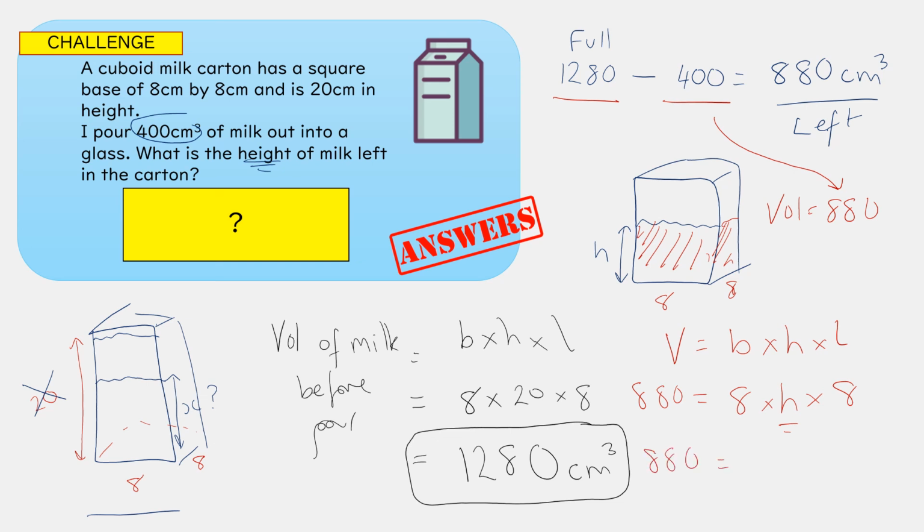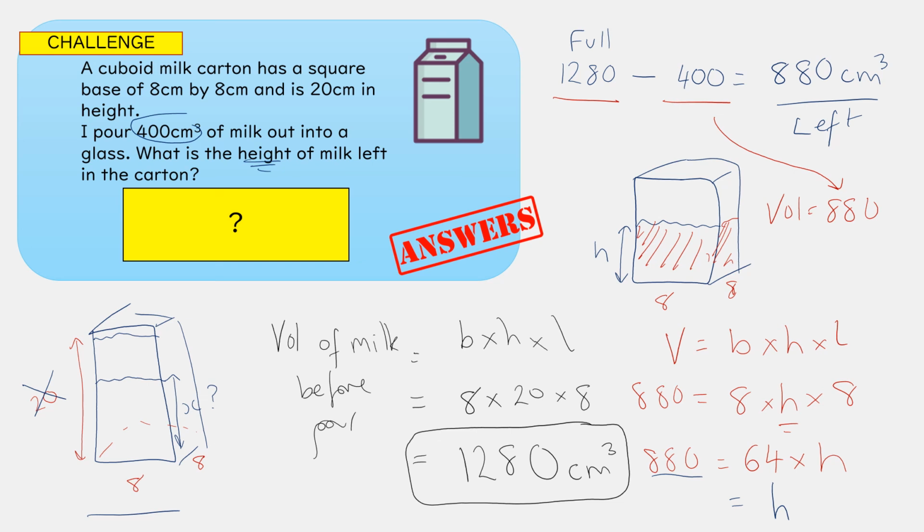8 times 8 on this side is 64. 64 times the height has got to equal 880. So what is h? 64 times what is going to give me 880? Well, I can't do that in my head. So I'm going to try and get h on its own. I want h equals.